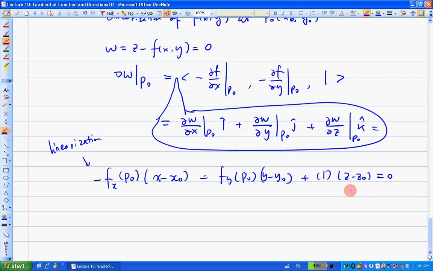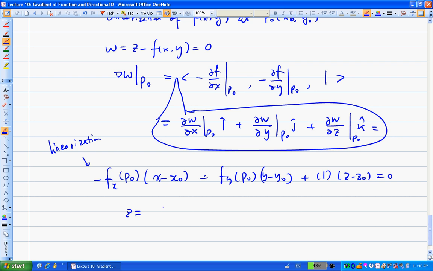Now, I don't think I'm going to stay at this expression, so I can simplify this slightly. You can see this term here is 1 multiplied by z minus z naught. That's basically z minus z naught, right? So I'm going to leave the z on one side and move everything else to the other side.